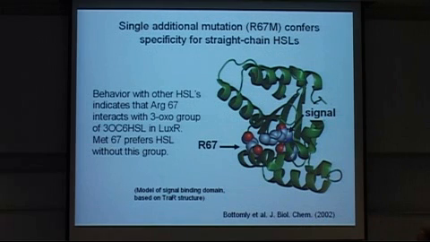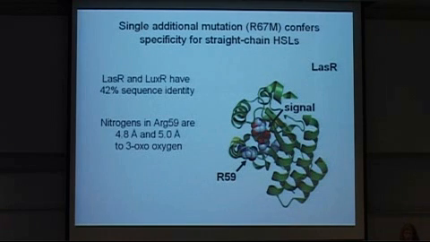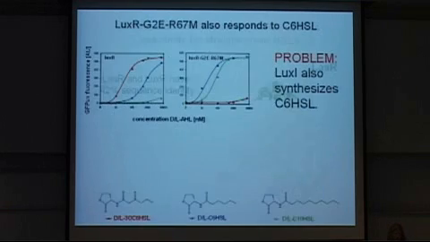And just briefly, that mutation in TraR, where we also have a structure of that protein, is actually located towards the end of the acyl chain, so it doesn't make a lot of sense why that mutation would work. But if you look in the structure of LasR, that mutation is about 5 angstroms away from the second oxo group, so it changes the hydrogen bonding interaction and thus changes the binding of that acyl homoserine lactone.